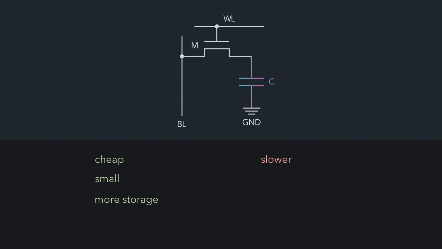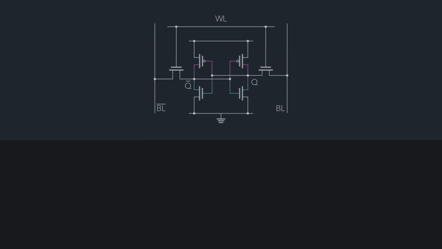Capacitors also naturally discharge, so every 64 milliseconds or so, they need to be refreshed. This costs time. SRAM, however, is very fast. But again, it's much larger and more expensive.